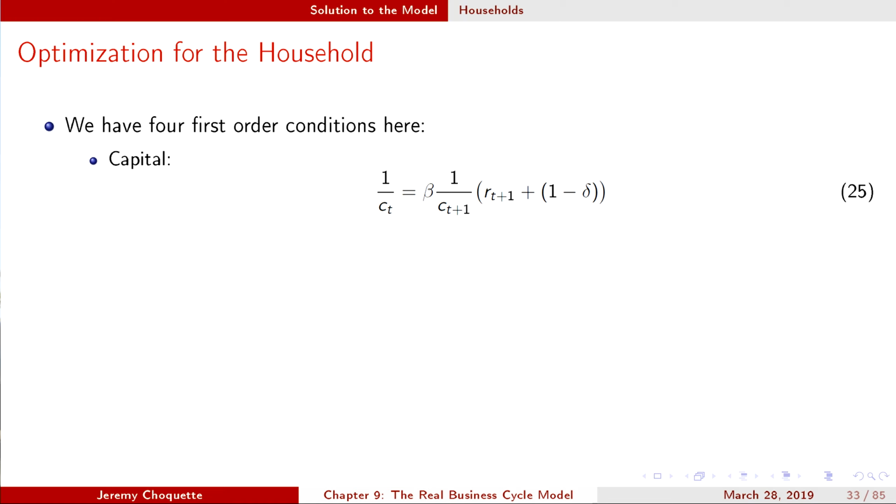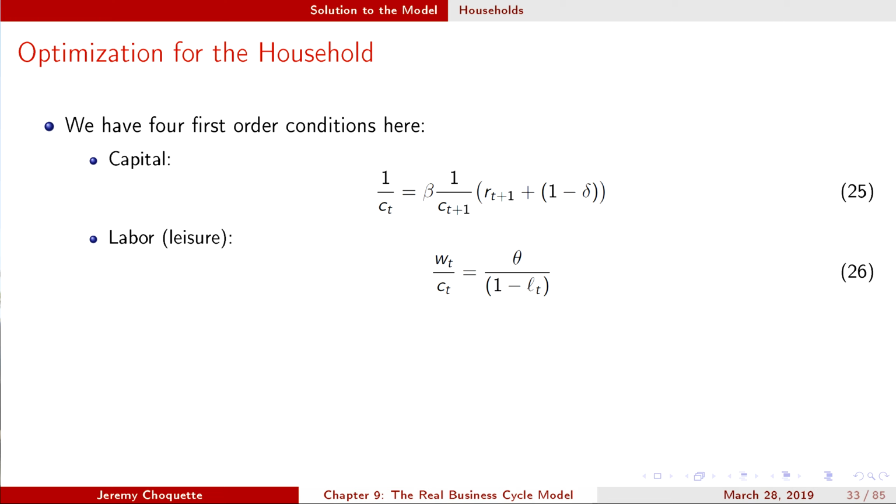So if the interest rate is, say, 4% and the depreciation rate on capital is 2%, we're getting 1 plus 0.02 because 0.04 minus 0.02 is 0.02. So that explains how consumption is going to evolve with respect to changes along the capital dimension. Picture all of these being different axes that we're interested in. This is how consumption evolves over the axis of capital.